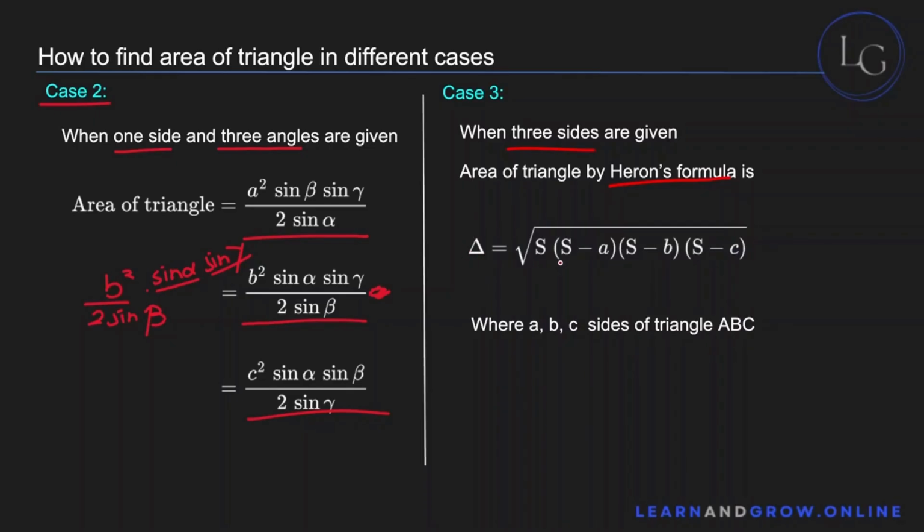The area of a triangle is equal to the whole under root of s into s minus a, s minus b, and s minus c, where a, b, and c are the 3 sides of the triangle, right? So s over here is equal to a plus b plus c over 2, the 3 sides being added up divided by 2. Once you have all of this, you can easily find the area of the triangle.